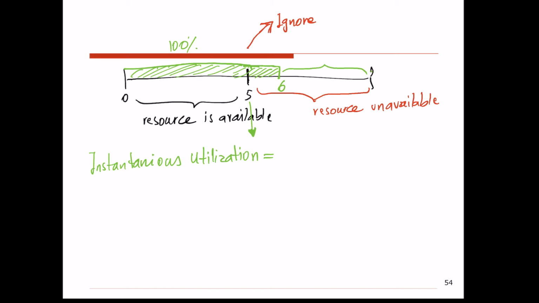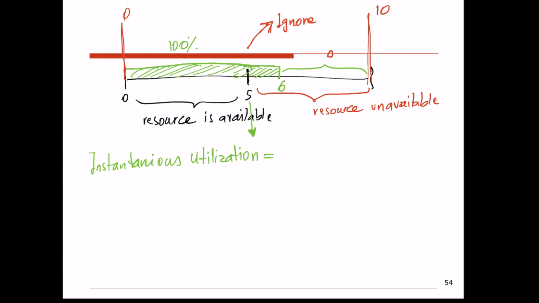The simulation is going to look at the whole simulation time from time 0 to time 10. And what we see here is that out of these 10 units of time, for 6 hours the resource has been utilized 100%, and for about 4 hours the resource utilization is 0.